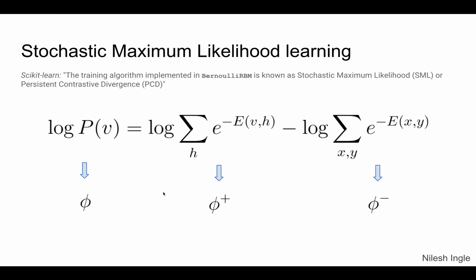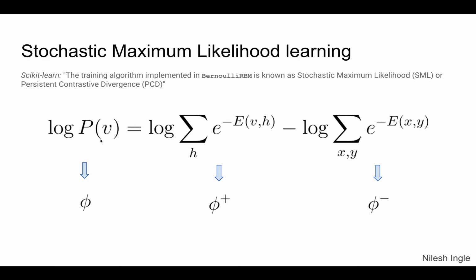And in doing so, before we get into this, the Bernoulli RBM that's in Scikit-learn is also known as stochastic maximum likelihood or persistent contrastive divergence. These are mathematically intense topics. We won't be going into the depth of these, but I'll give you a brief walkthrough on what these indicate.